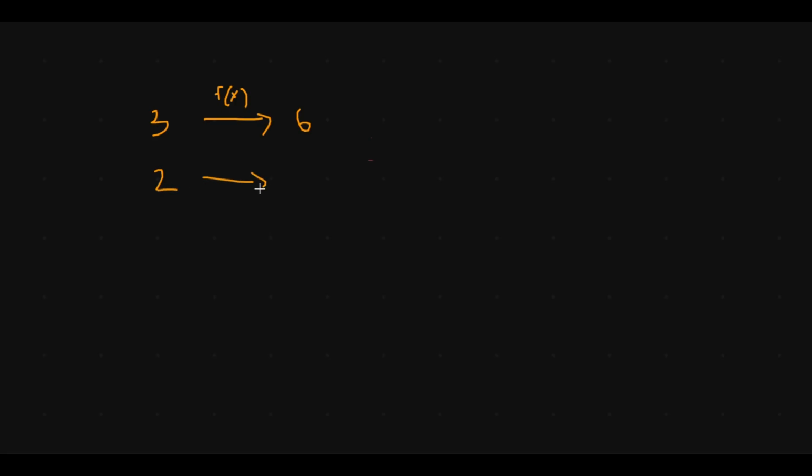AIs are no more than just a mathematical function. Just imagine it as a really complicated mathematical function. So if I give 3 into the AI, it does a bunch of stuff, and say it outputs 6. And say for 2 it outputs 4.